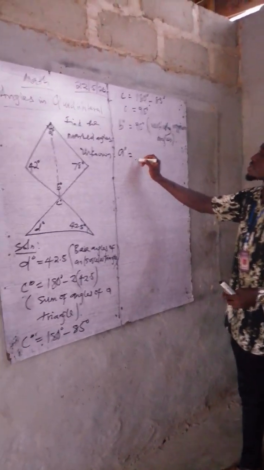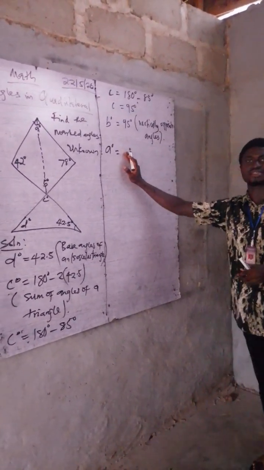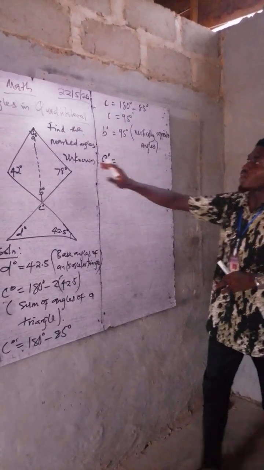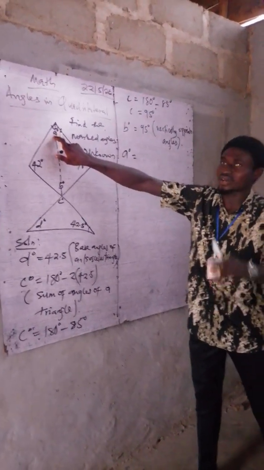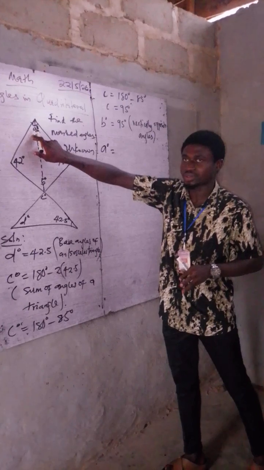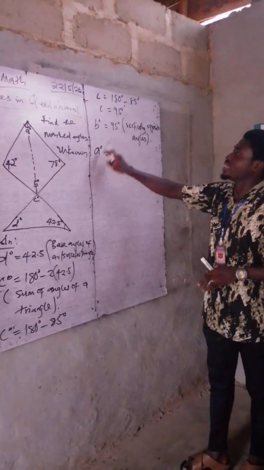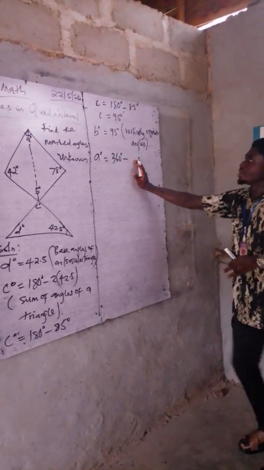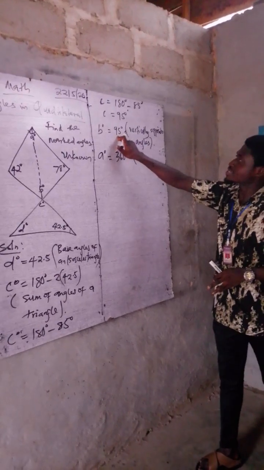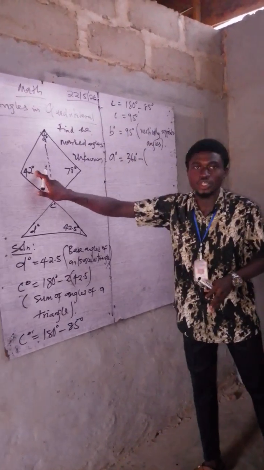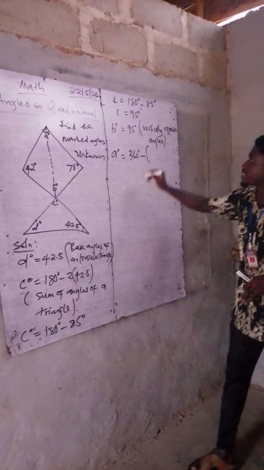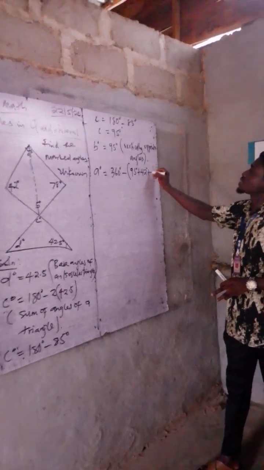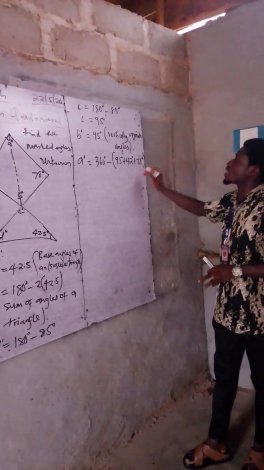How do we search for A degrees? Remember, the sum of angles of a quadrilateral is equal to 360 degrees. We are looking for the marked angle, so we want the last one, which is A degrees. A degrees will give us 360 degrees minus the sum of 95 degrees plus 42 degrees plus 78 degrees.